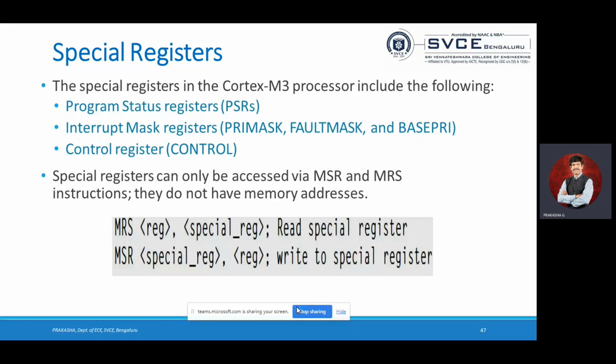So from the special register, it reads using MRS and loads into the general purpose register. With the second instruction, whatever is in the general purpose register will be stored back into the special register itself.